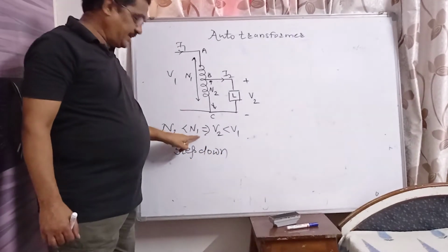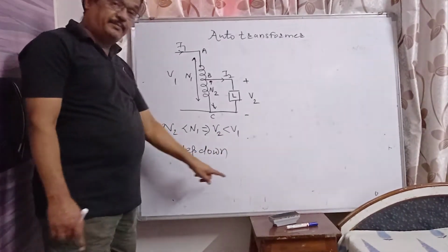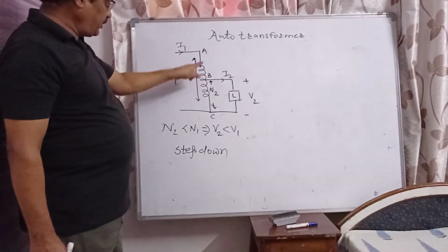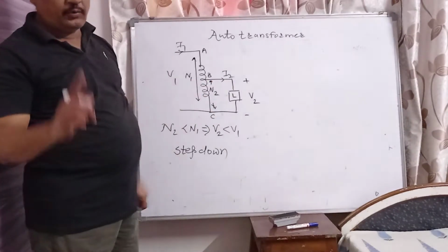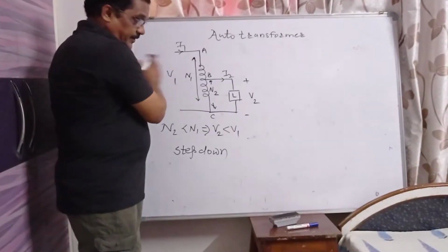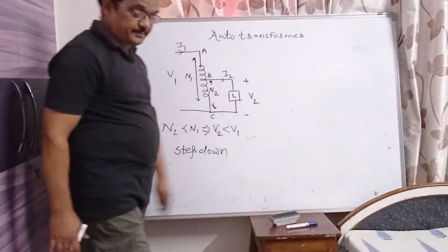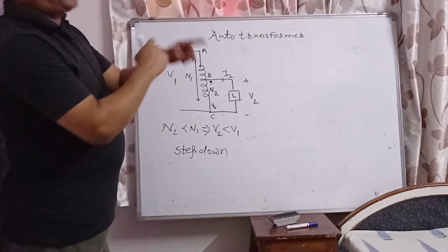Secondary number of turns less than primary turns, or secondary voltage less than primary voltage, is a step down transformer. Part of the winding can be used as primary as well as secondary. Only one winding. In the previous transformer we had primary separate and secondary separate. This is step down. Now I am drawing the step up auto transformer.